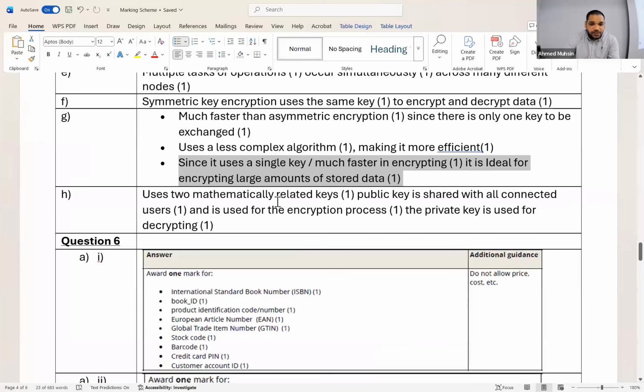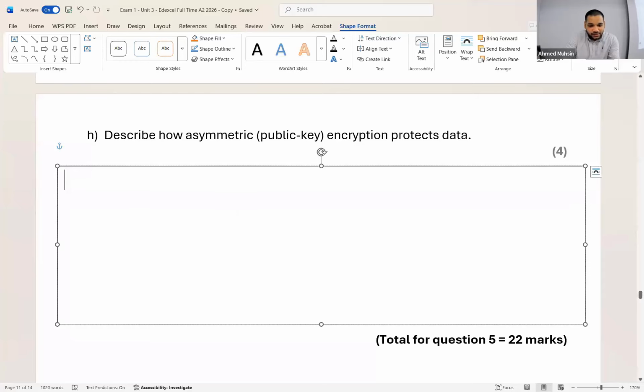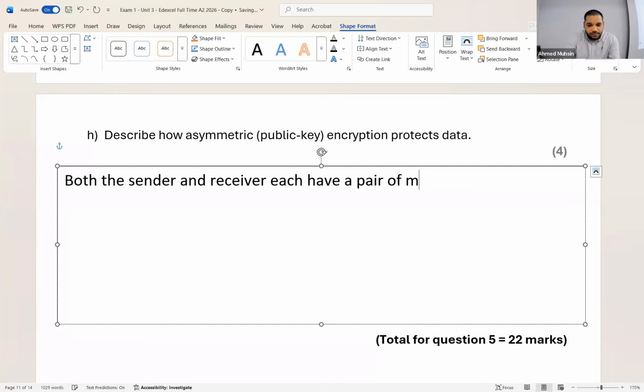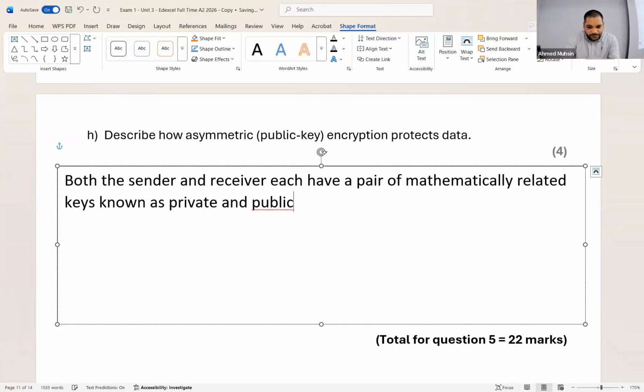First, talk about the fact that each user has mathematically related keys. Both the sender and receiver each have a pair of mathematically related keys known as private and public keys.